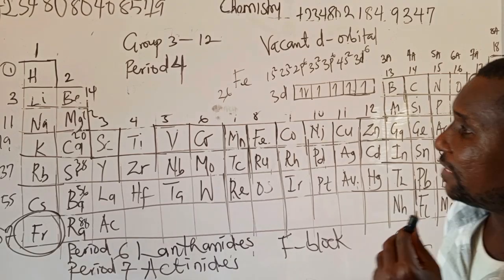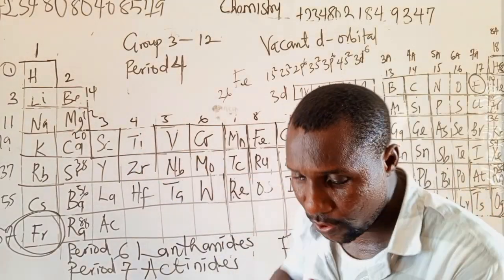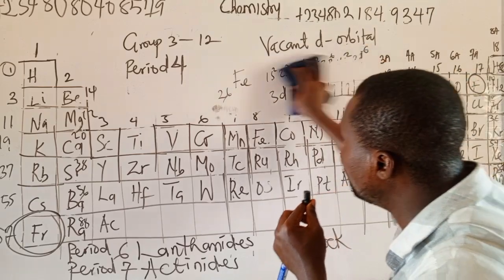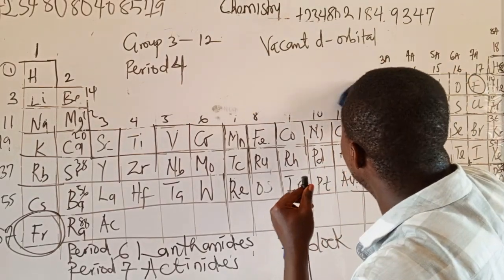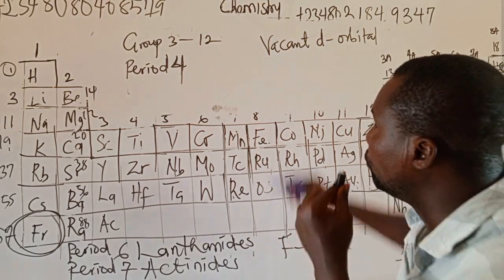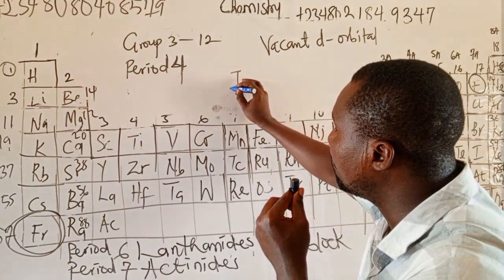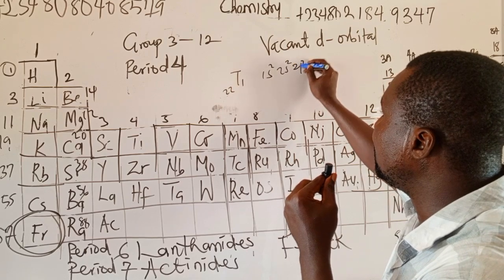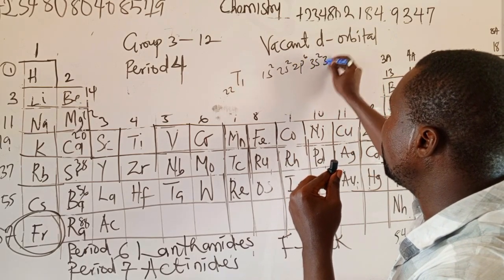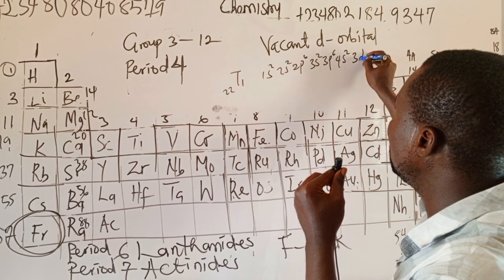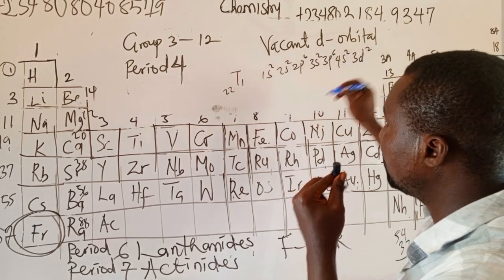If you pick, for example, titanium, the atomic number is 22. The electronic configuration is 1s2, 2s2, 2p6, 3s2, 3p6, 4s2, 3d2.